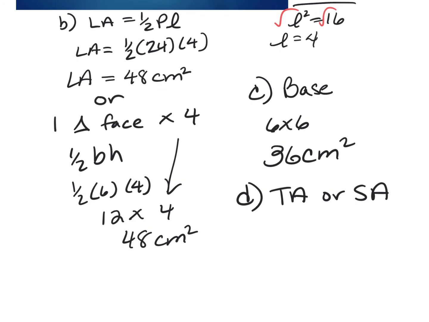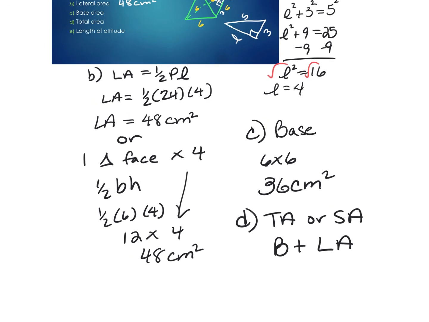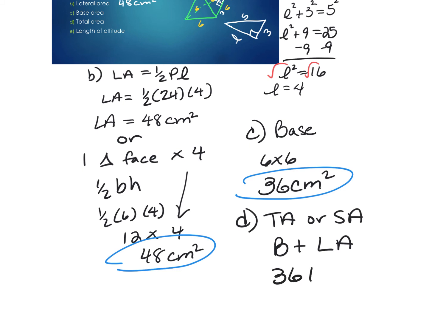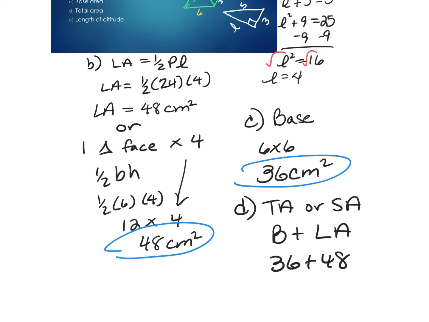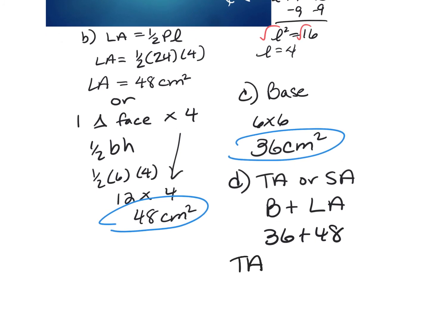So remember, that formula is going to be area of the base plus the lateral area. Well, I already found the area of the base. That was part C. And my lateral area was part B. So let me just plug those numbers in. 36 plus 48. So my total area is 84 centimeters squared.